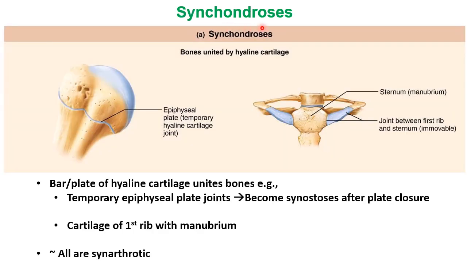So synchondrosis, those are not going to move, they're just very stable types of joints, and the cartilage between this joint is hyaline cartilage. These are tougher cartilage, but not as tough as fibrous cartilage. You're going to see this type of joint in a growing child at the epiphyseal plate.